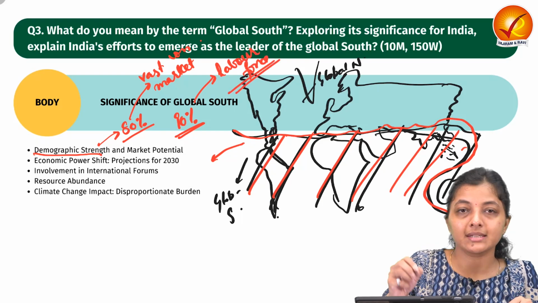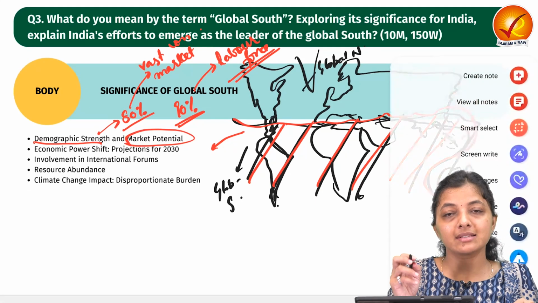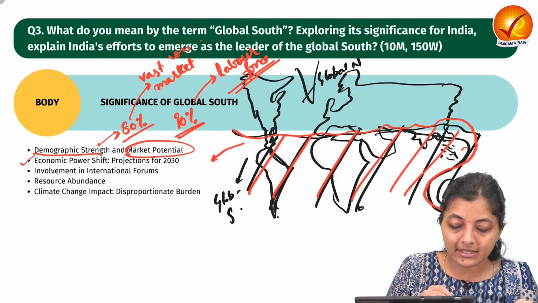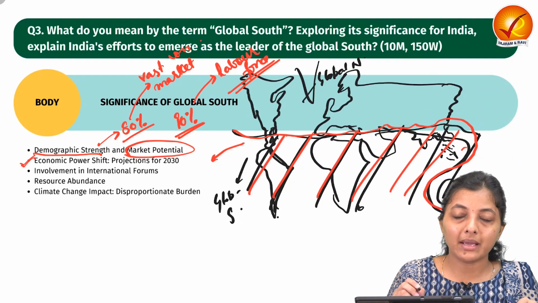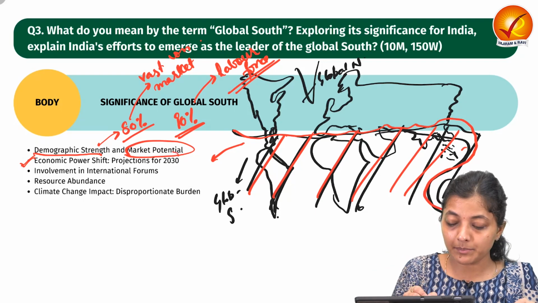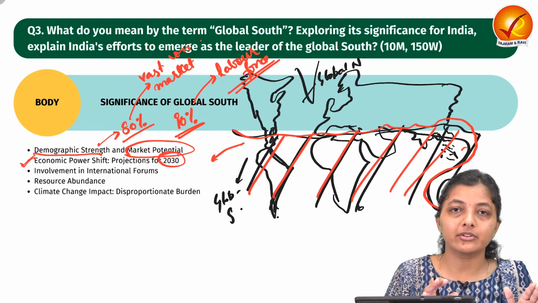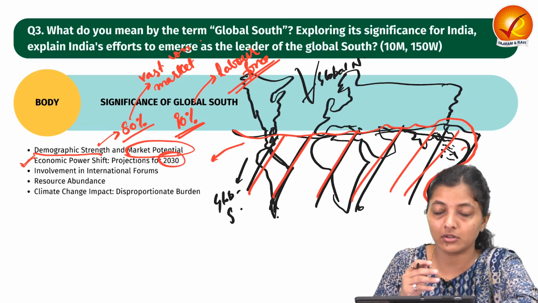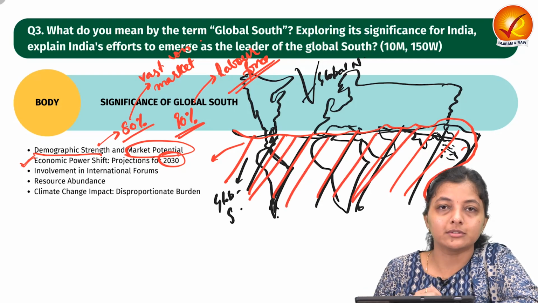So this is the significance of the Global South, that it carries huge market potential as well as demographic strength. Next is the economic power shift. The World Bank projects that by 2030, out of 4, 3 of the largest economies would be from the Global South.